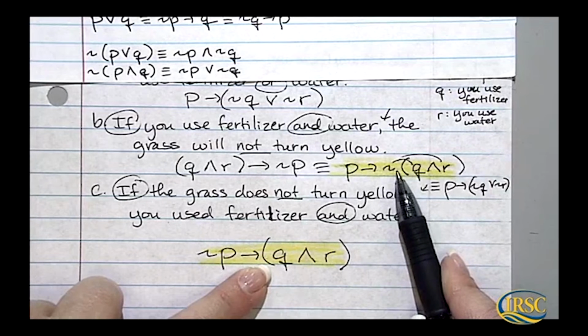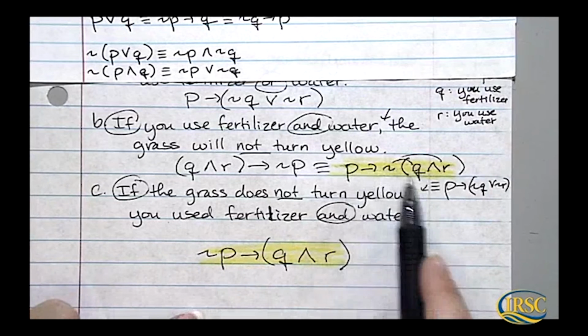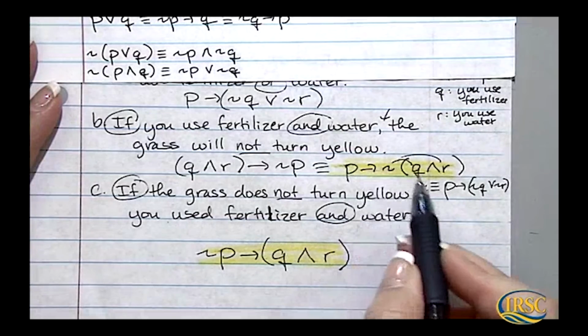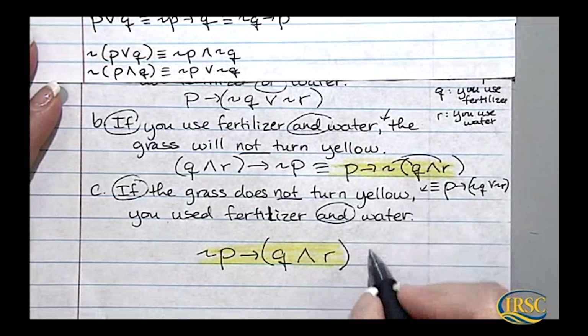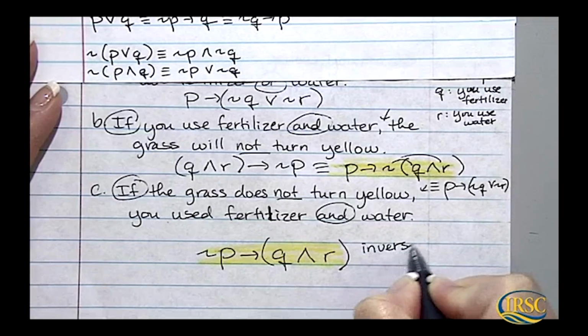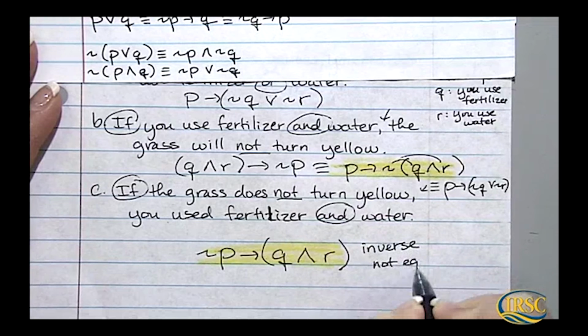So that's the same as negating it. So all that happened was we negated both sides and nothing else. And what is that called? The inverse. And is the inverse equivalent to the original? Right. If you negate both sides only, then that is not equivalent. Okay, so this is the inverse, which is not equivalent.